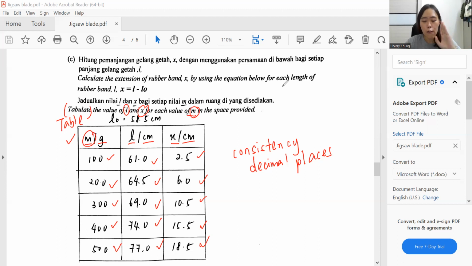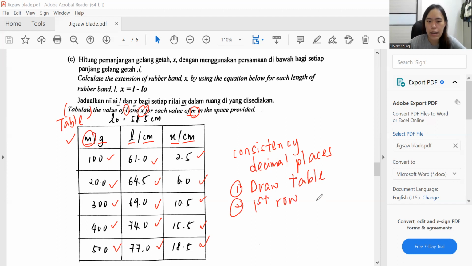So this is the tabulation, and the tabulation is most important. First, you have to draw the table. Second, your first row is your symbol and unit.